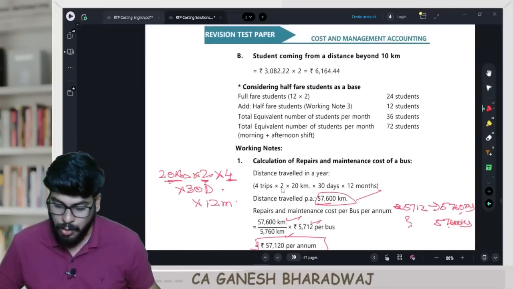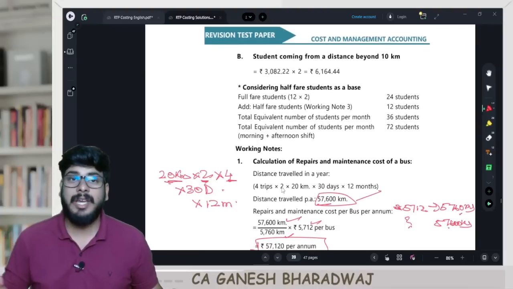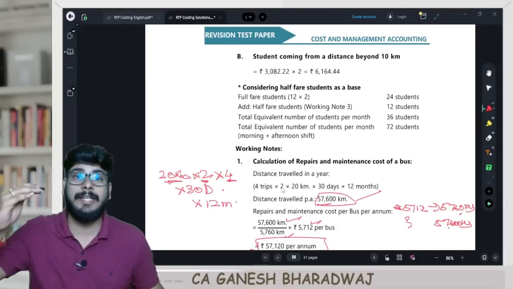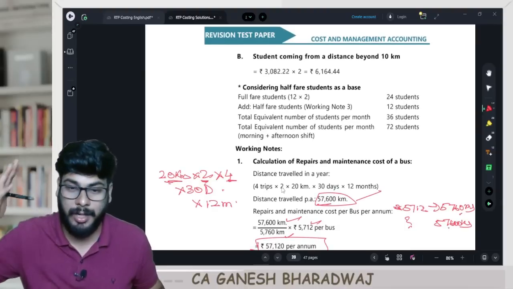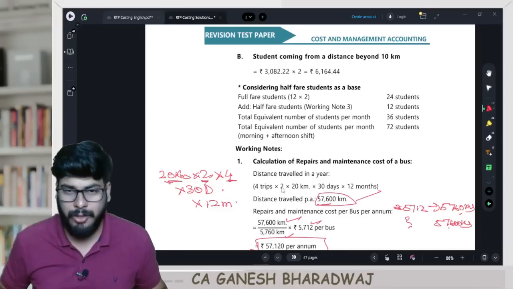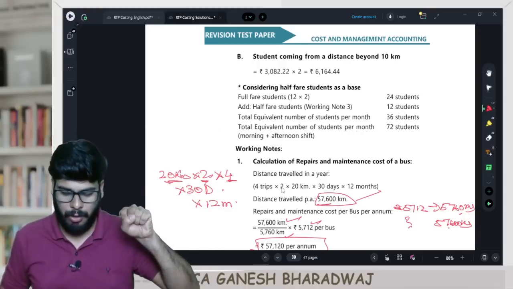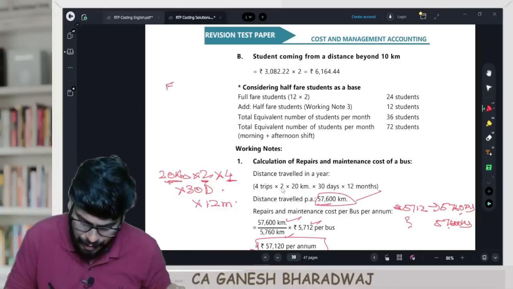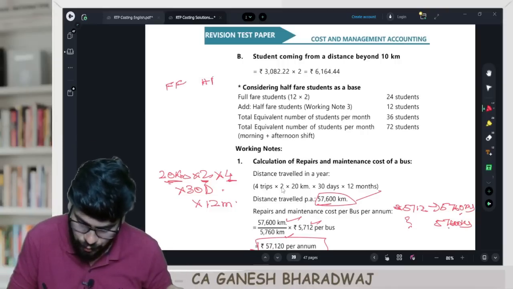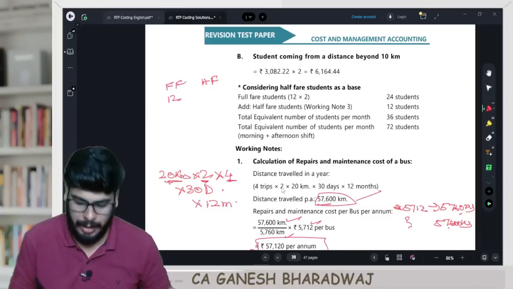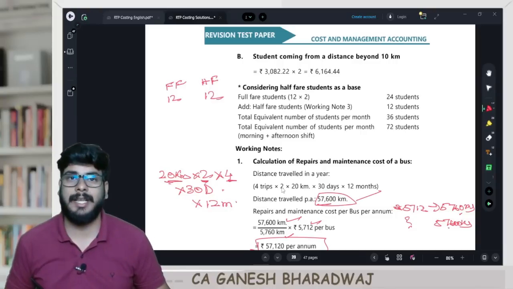Now, what we are trying to do is we are converting every student into an equivalent half ticket, half fare student. So now you tell me, in the morning batch alone, how many full fare students are there? How many half fare students are there? 12 full fare students are there and 12 half fare students are there. Correct?